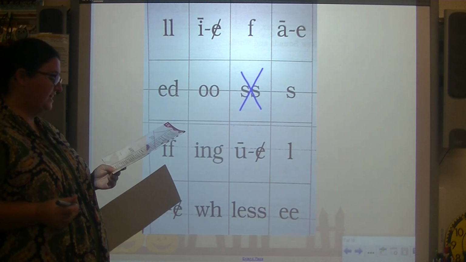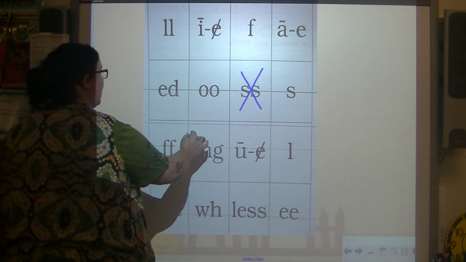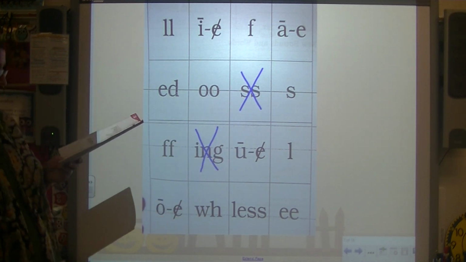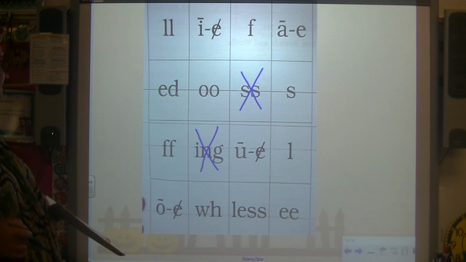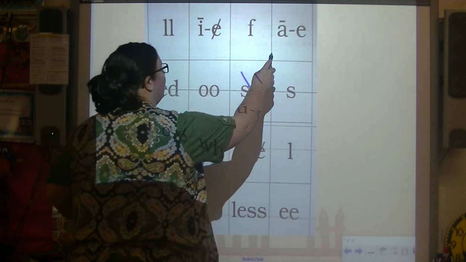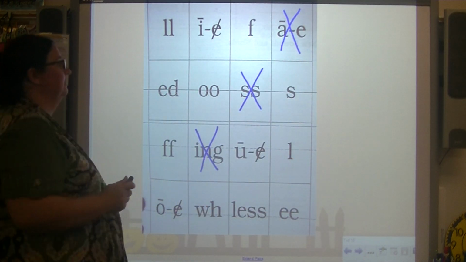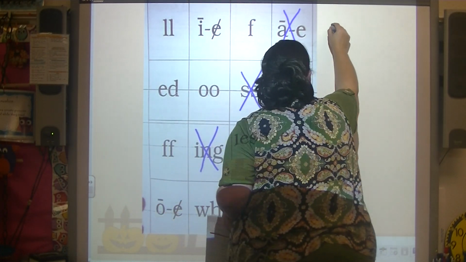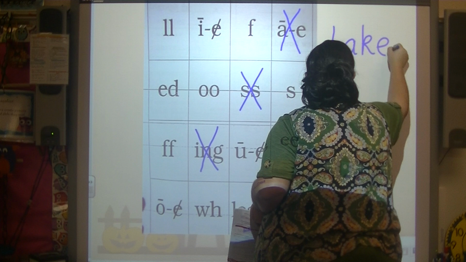The suffix in starring, suffix ing. The vowel sound in lake, A consonant E. We spell lake, L-A-K-E.